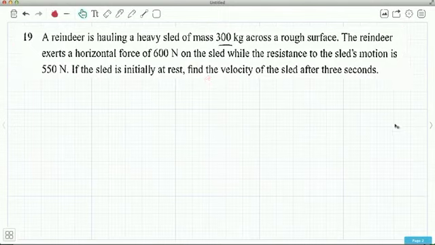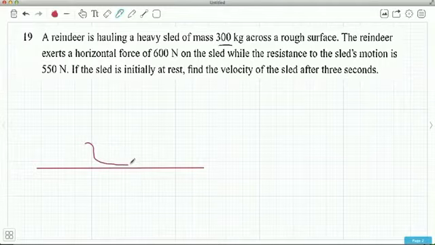First thing, we've got a reindeer, and a heavy sled. This is my sled, and a reindeer pulling a sled.